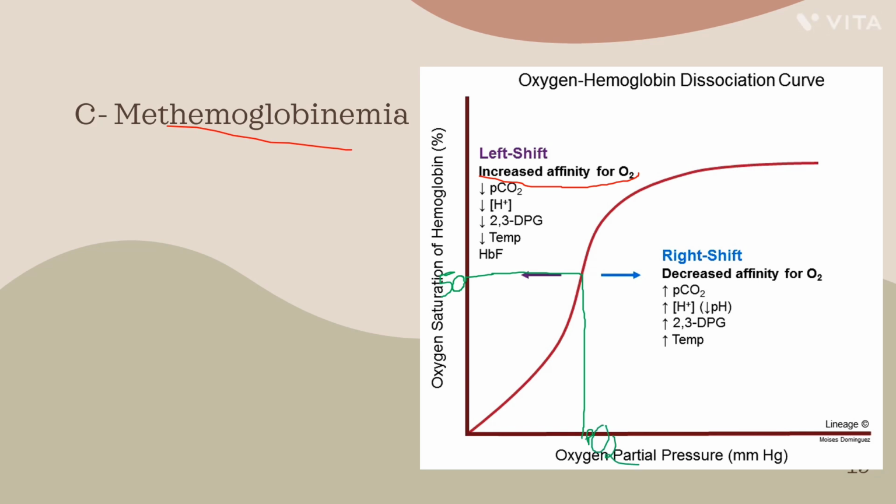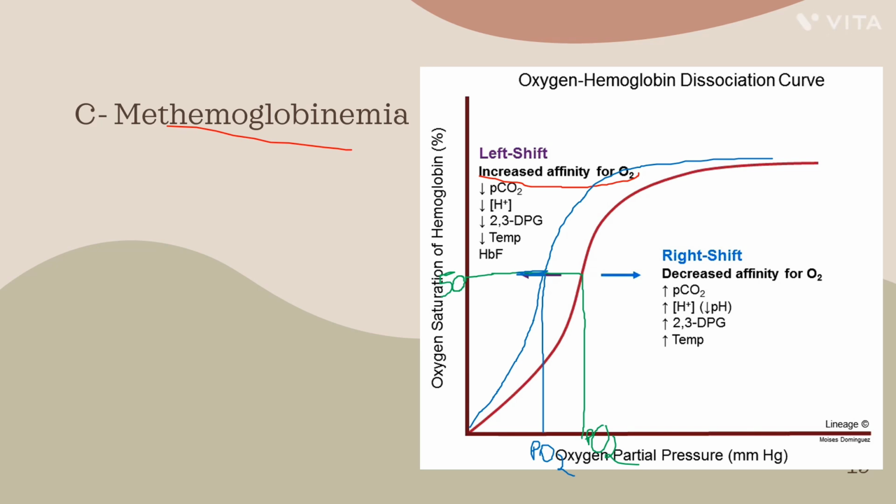We'll see that. So left shift means the curve is shifted to the left. So in left shift, for the same saturation, we only need a reduced PO2. Here is where 50% is corresponding. So even for a lower PO2, the saturation is getting attained. That means affinity is increased.